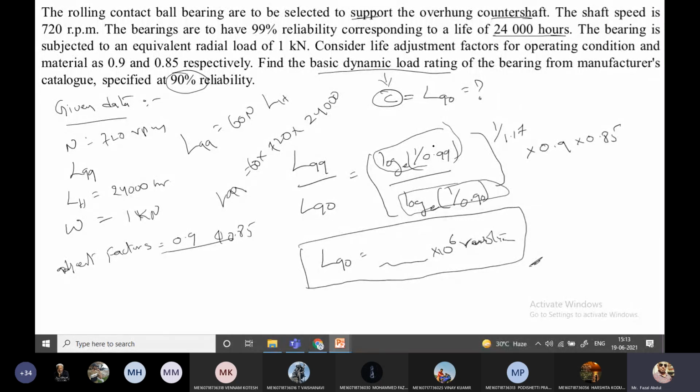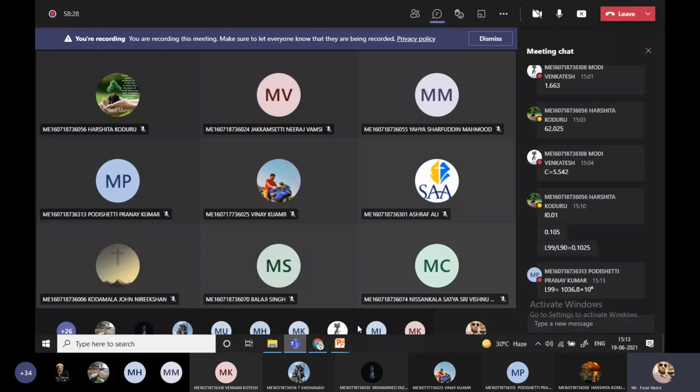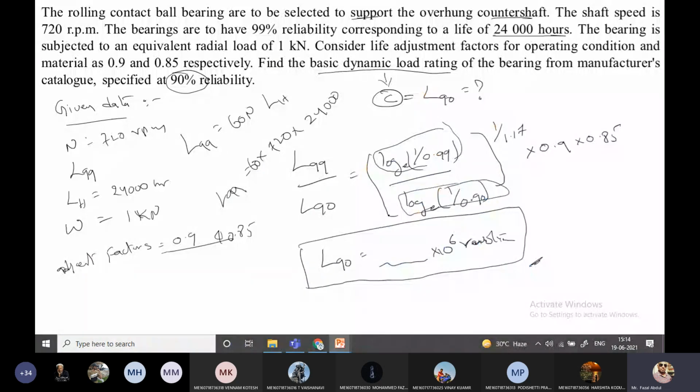Do it fast. Tell me the L90 value. 1036.8. Very good. This is for the 90%.